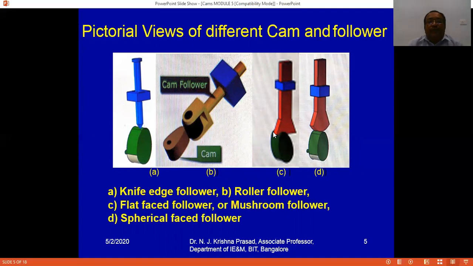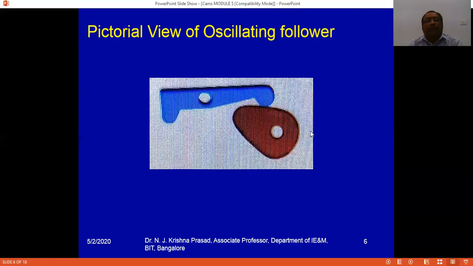Figure C represents the flat-faced follower, also called mushroom follower. And D is a spherical faced follower. In the case of an oscillating follower, when the CAM rotates, the follower oscillates about the fixed or hinged point.